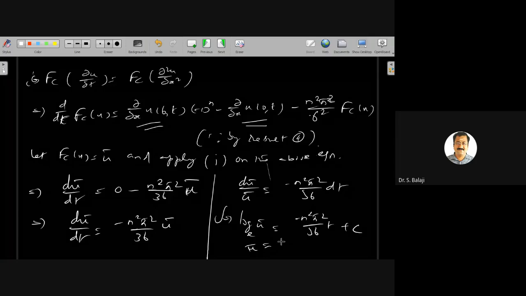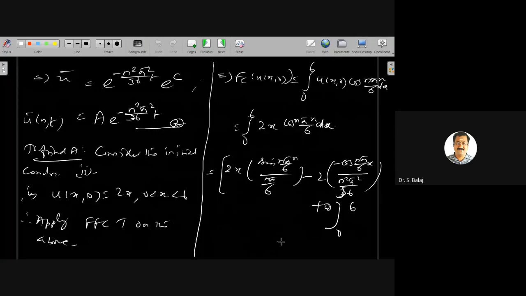Okay, what about your u bar? A e^(-n²π²/36 t). Yes, okay. This is u bar of n comma t. U bar means Fourier cosine transform of u(x, t). But anyway, your result is in terms of n and t only.